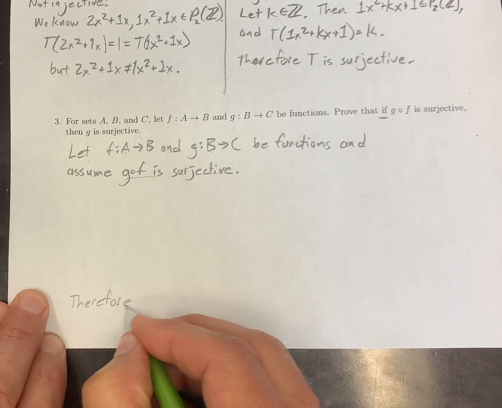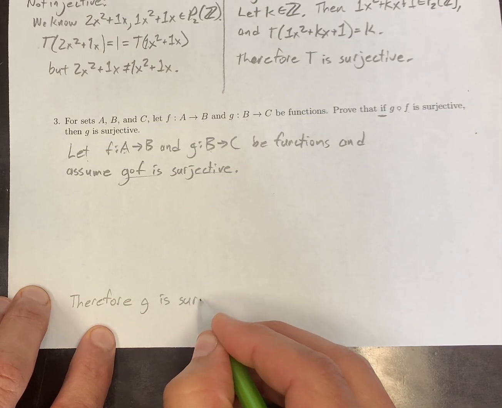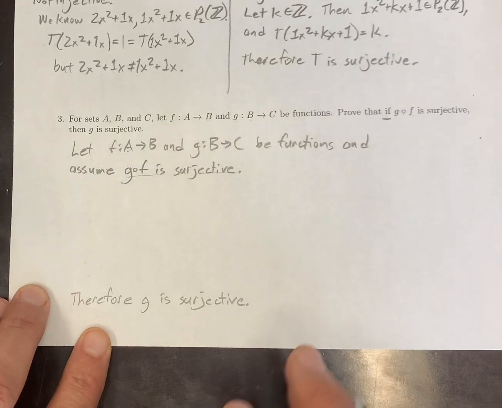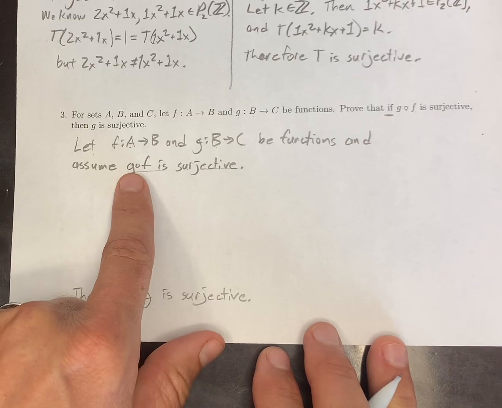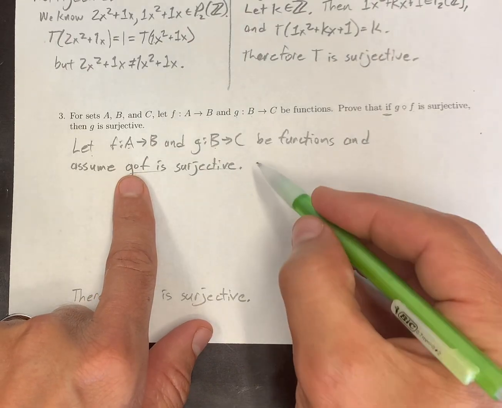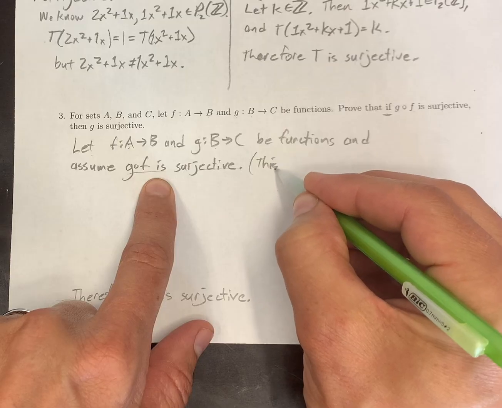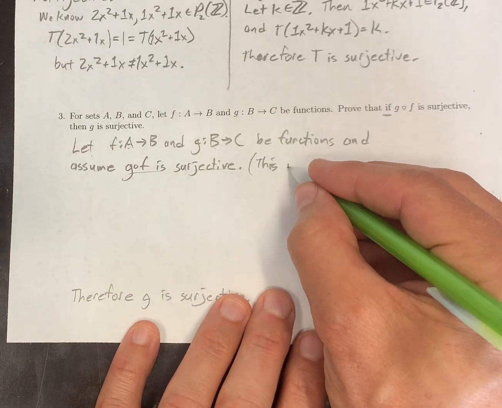Therefore, G is surjective. Okay? But what does this mean? I have that, I want that. What does this mean? And so often I'll even put this in parentheses. This is not necessary for your proof, but it's necessary for my thought process.